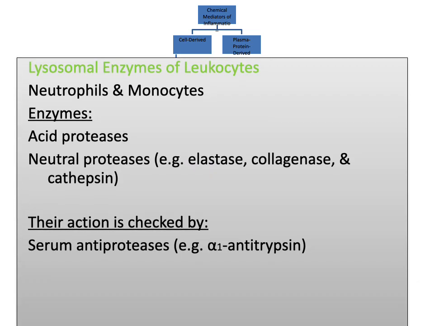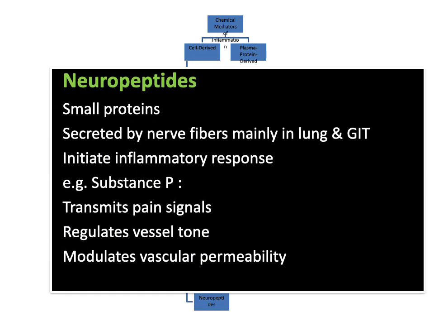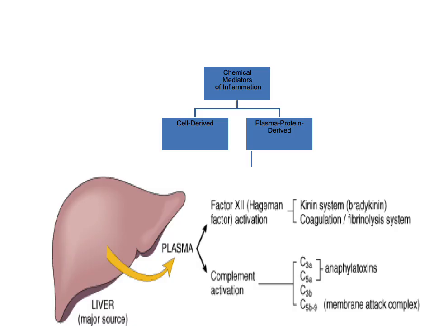The WBCs also facilitate secretion of enzymes through their lysosomes, and these include the release of proteases. Neuropeptides are also produced by inflammatory cells, particularly in the lungs and the GIT, and they serve to transmit pain signals and regulate vessel tone.